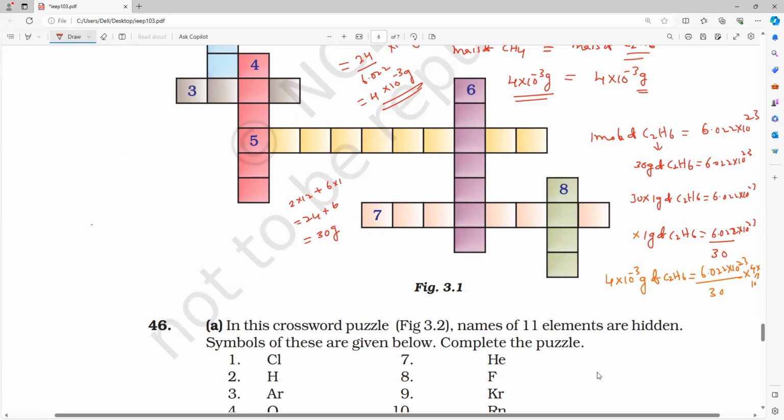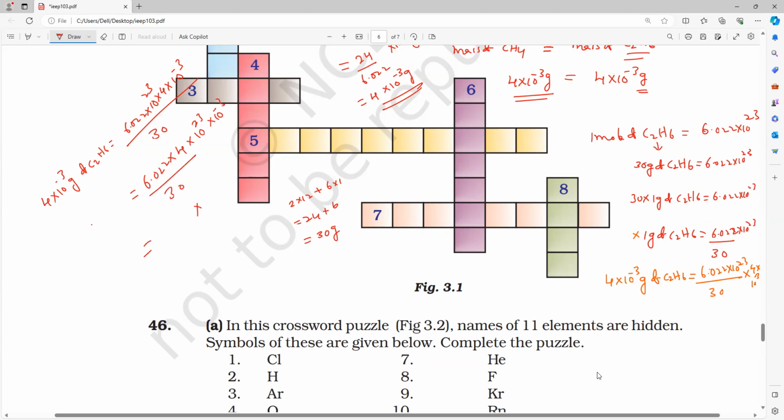So 4 into 10 power minus 3 grams of C2H6 contains 6.022 into 10 power 23 into 4 into 10 power minus 3 divided by 30. So 6.022 into 4 into 10 power 23 into 10 power minus 3 divided by 30.